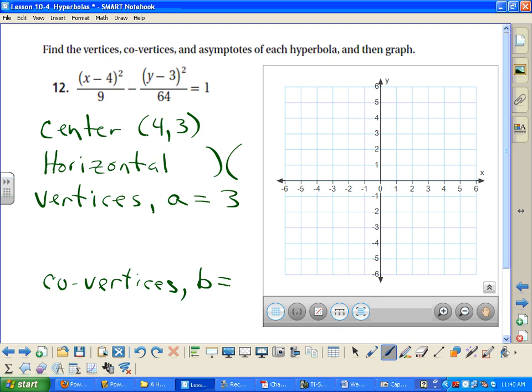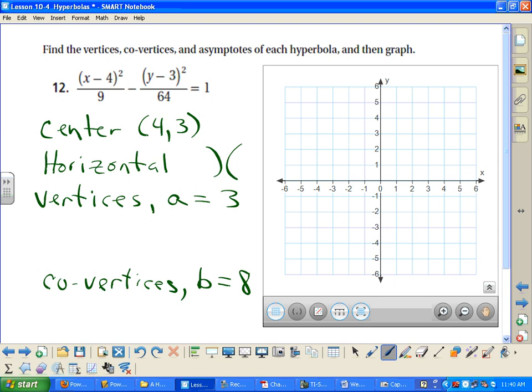Because 3 squared is 9. For hyperbolas, A is always the one under the positive one. B is always under the negative one, and so B would be 8. Now, I can find the vertices and the covertices without graphing.